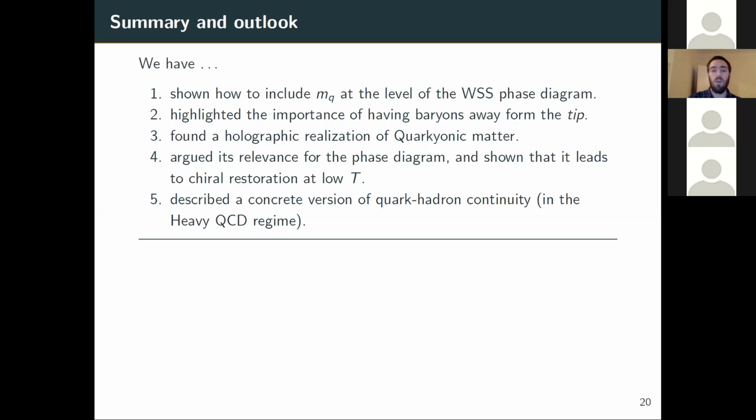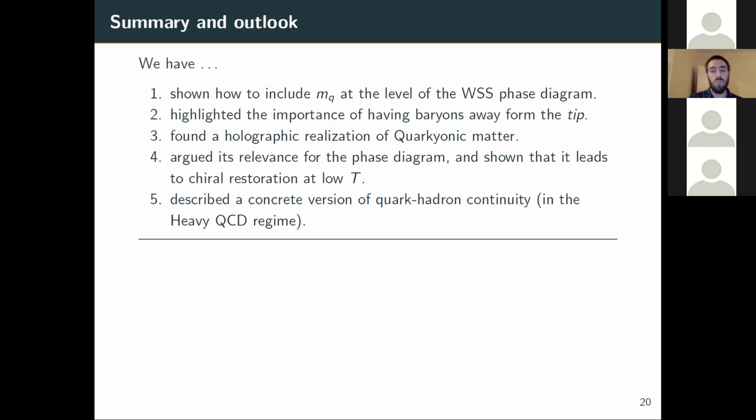I have found what I think is a holographic realization of quarkyonic matter, at least in some sense. I have argued the relevance of this type of phases in the phase diagram and how it leads to chiral restoration at low temperatures. And I have described a concrete version of something like a quark-hadron continuity, at least in the heavy regime.